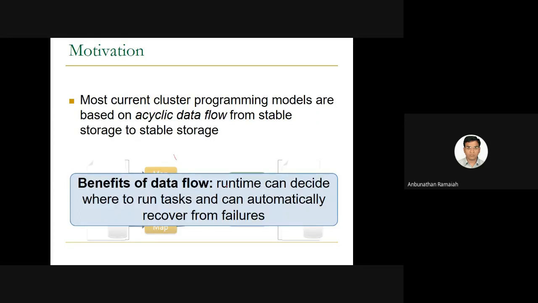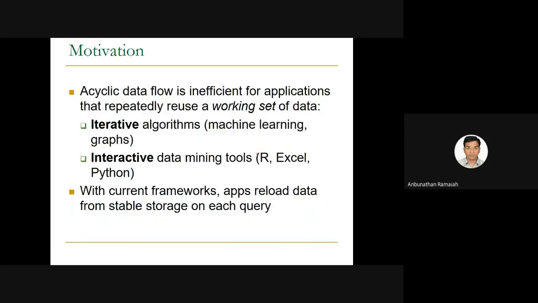The benefit of data flow is the runtime can decide where to run tasks and can automatically recover from failures, even if some node has failed. Suppose we are using 3 nodes and one node is failing, with the 2 nodes we can complete the task.